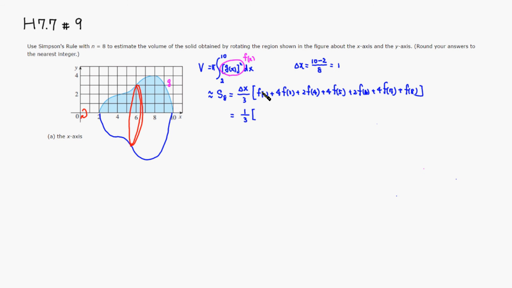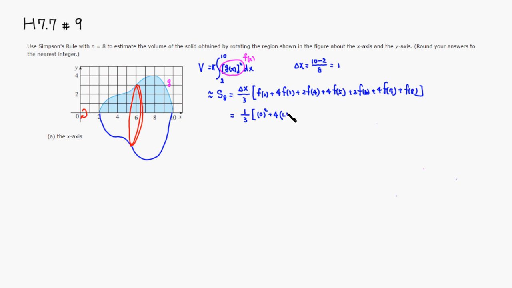So f of 2 is actually 0, because there's no height there, and then 0 squared, plus 4 times, at 3, you have to measure the height. I would say that's 1.5.